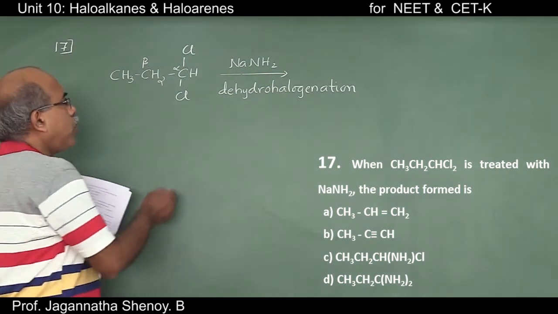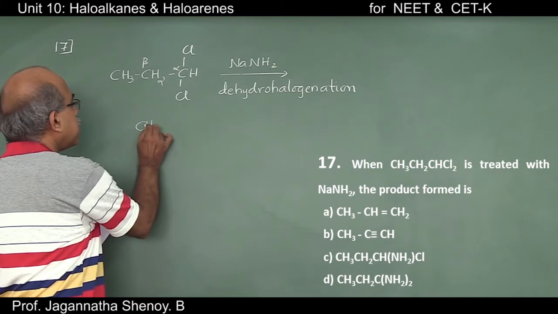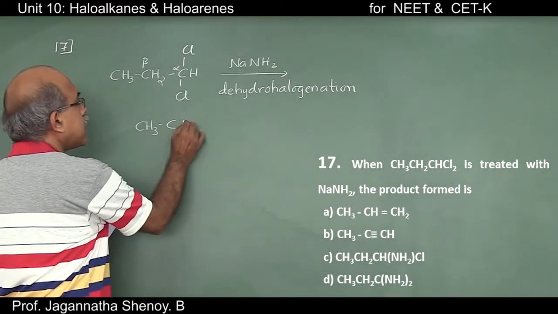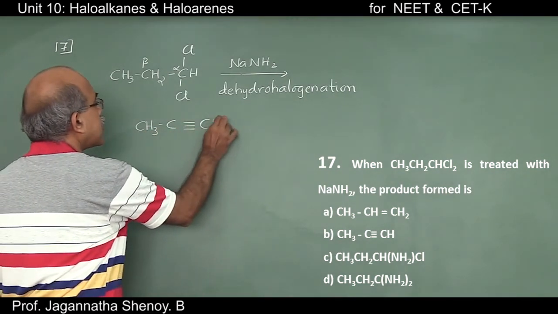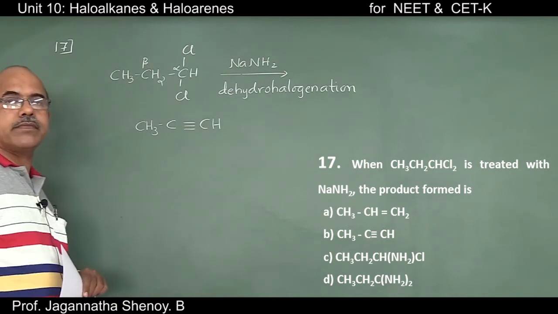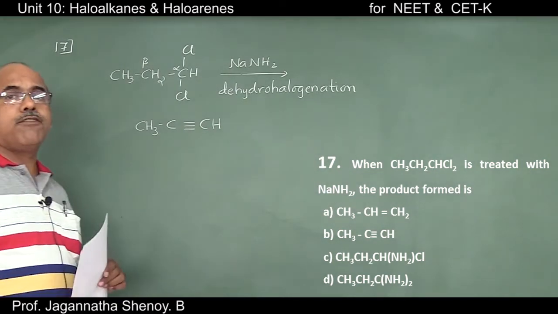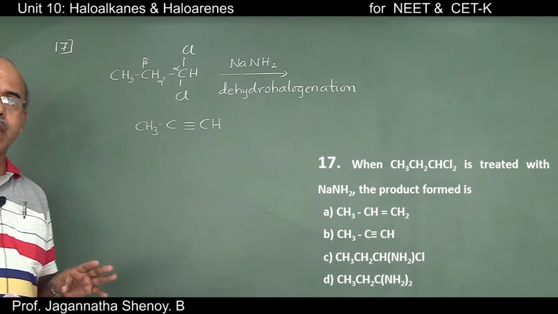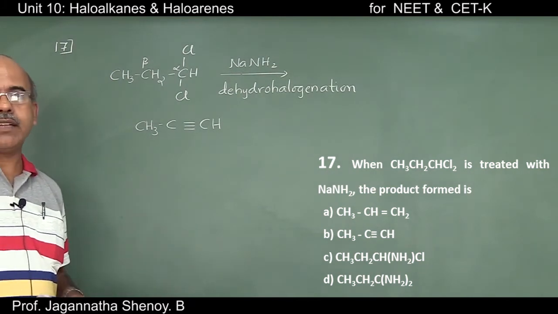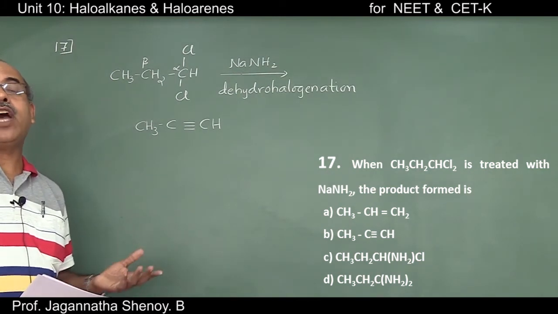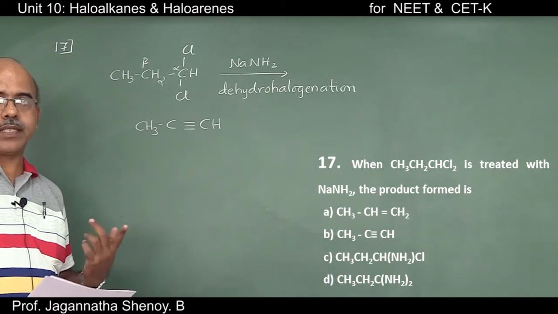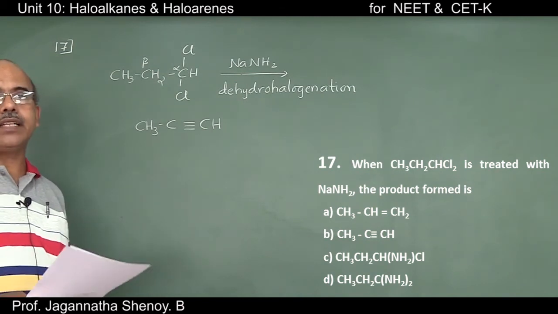In other words, the product obtained in this case must be CH3C triple bond CH. If you make use of alcoholic KOH, dehydrohalogenation takes place only once, you get alkene.